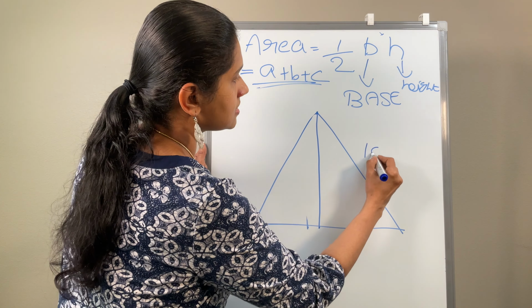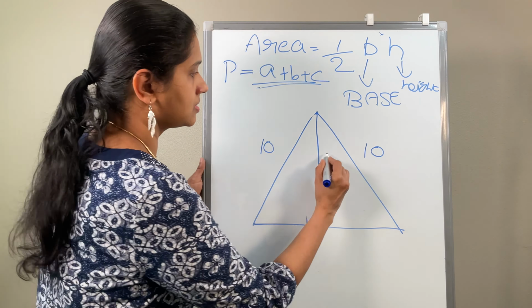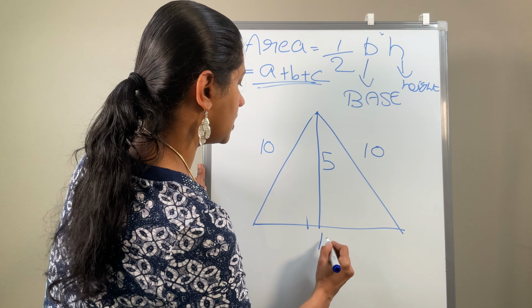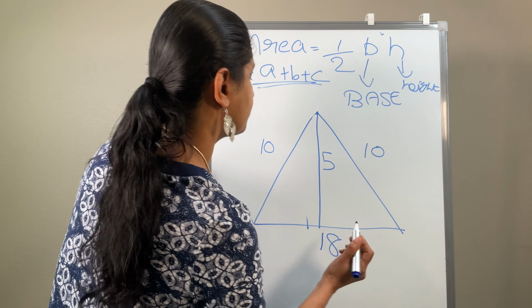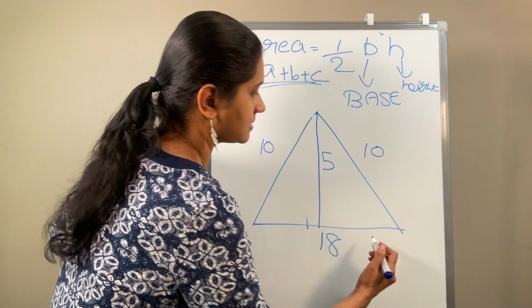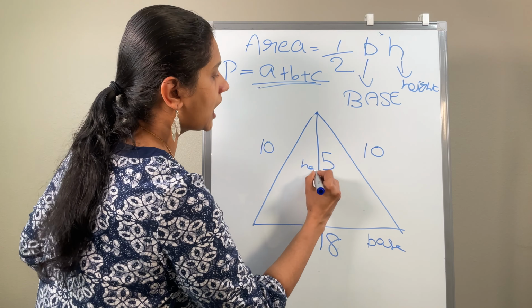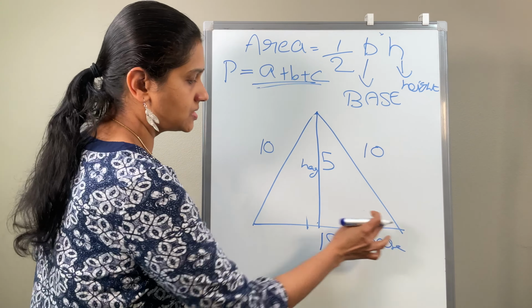Say this is 10, so this is going to be equal to 10, say this is 5 and this is also say 15 or else 18, any measure. So this is the base. This is called the base. This is called the height. This is the altitude, this is the height. And this is called the base.